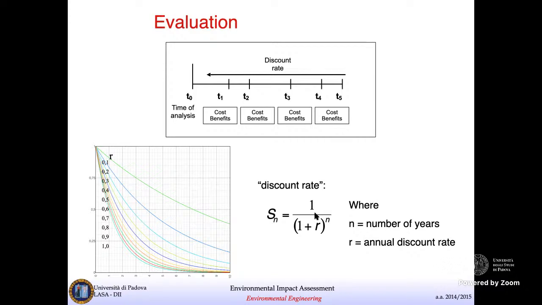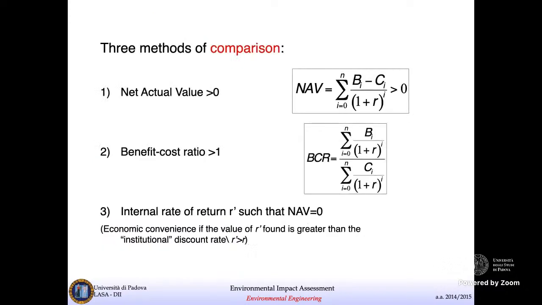So we have a very stable economy in this moment, meaning that the prices are not changing significantly. If you plot this function as a function of the number of years, then the discount rate function is, of course, as you can imagine, a decreasing exponential function.